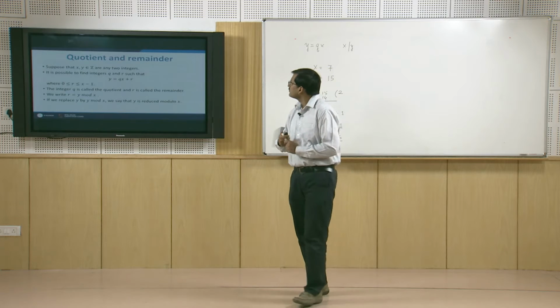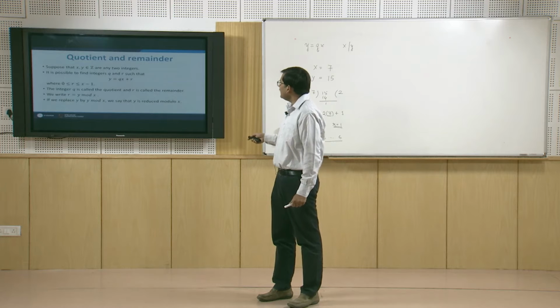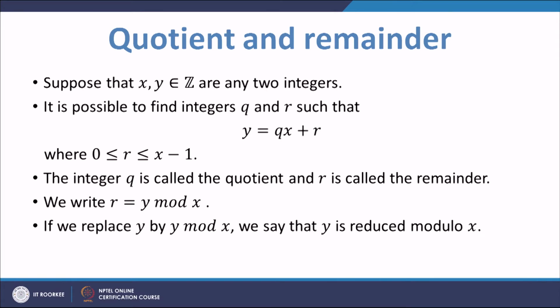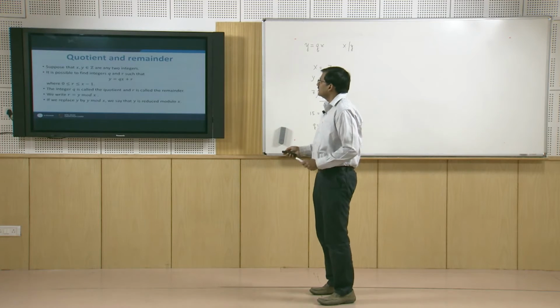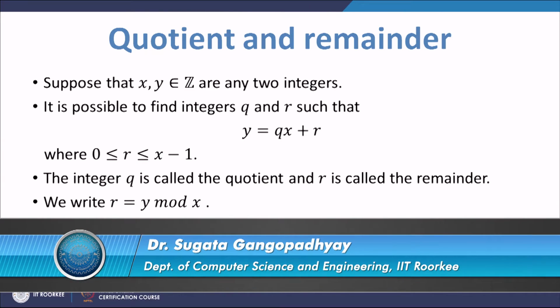Now, there is a name for r: it is called the remainder after division by x, and q is called the quotient. We give another name: we say that r is y reduced modulo x.